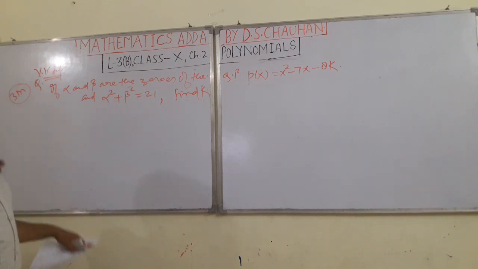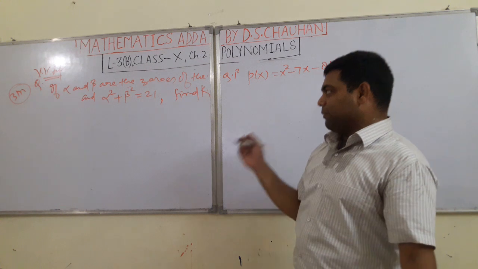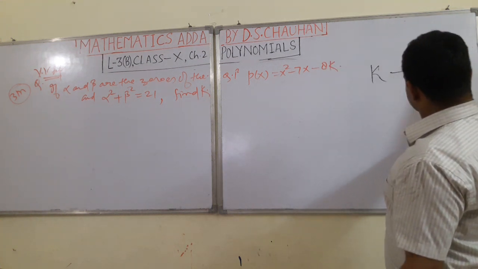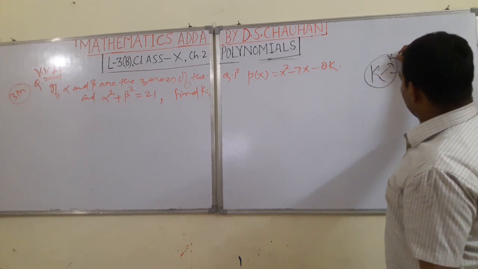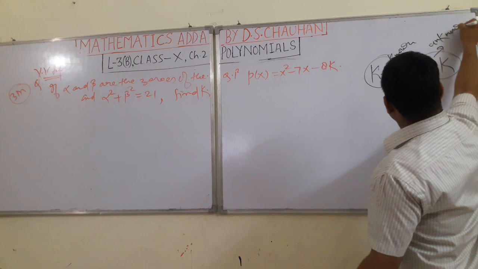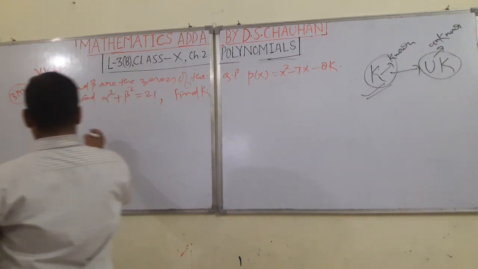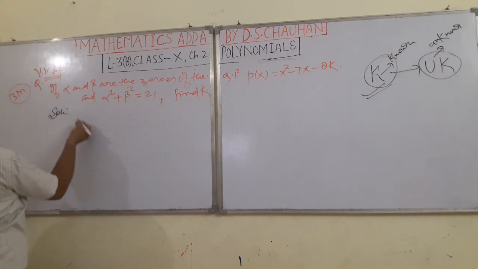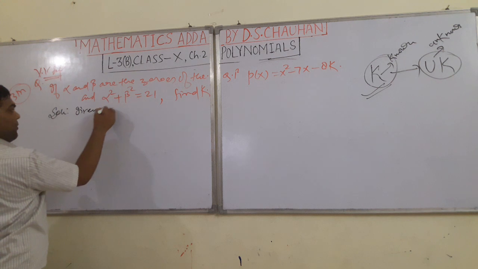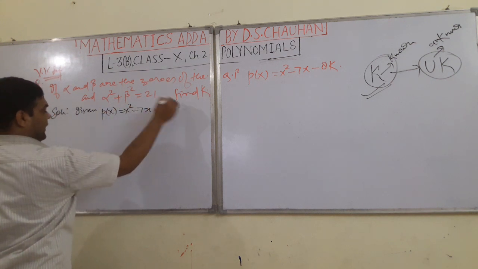Students, whenever you are going to solve any mathematical problem, your way of solving must be from known to unknown. So first of all you have to focus on the known things. What things are known? See, solution. Given quadratic polynomial p(x) equal to x square minus 7x minus 8k.